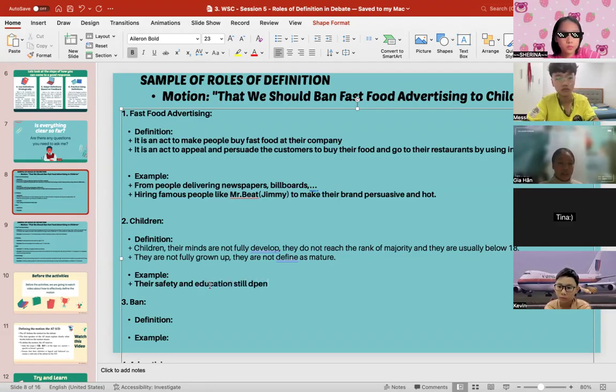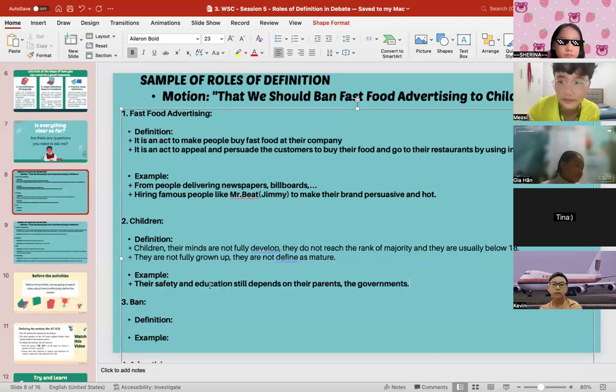And they are being protected by the governments and the parents. Excellent definition. Thank you, Zahan.